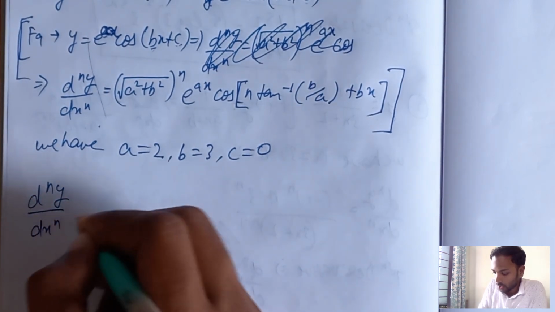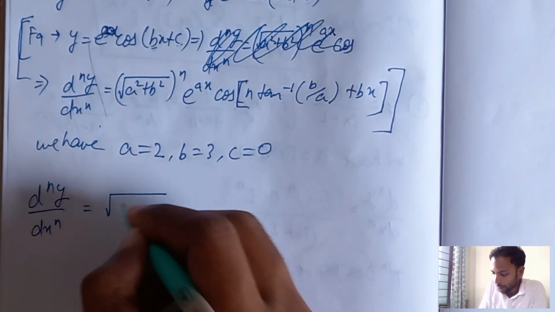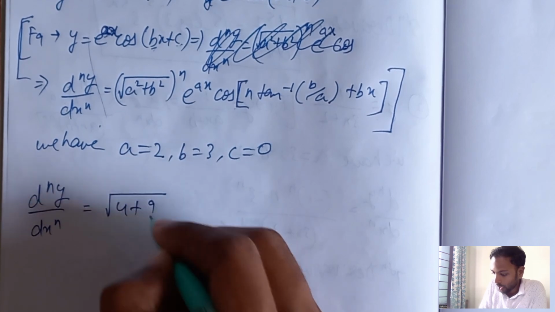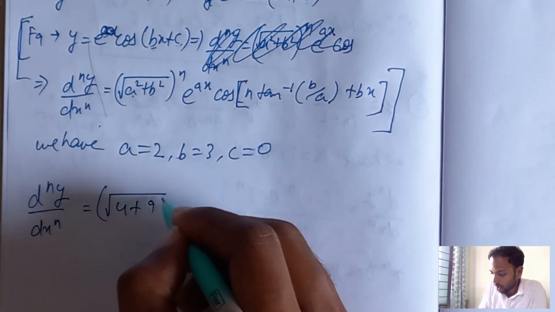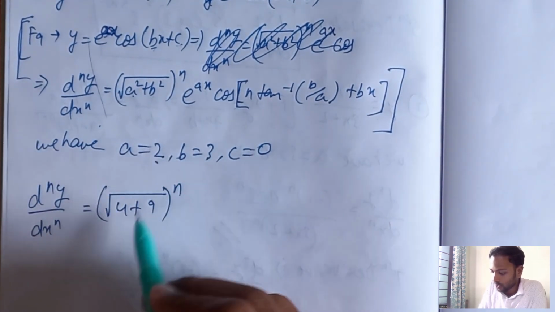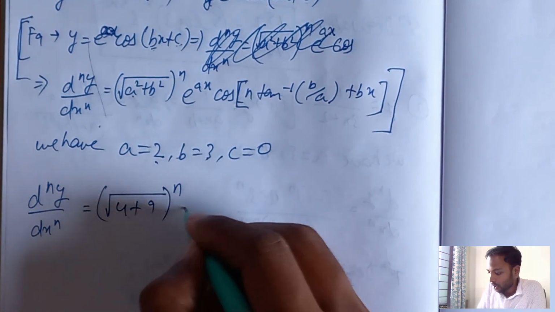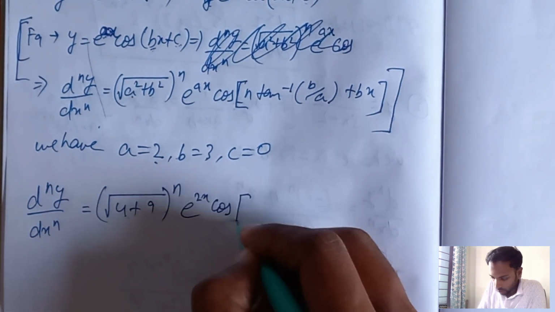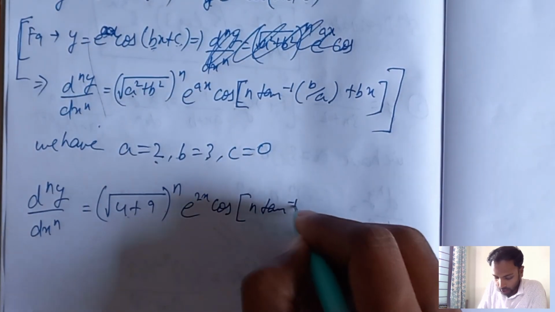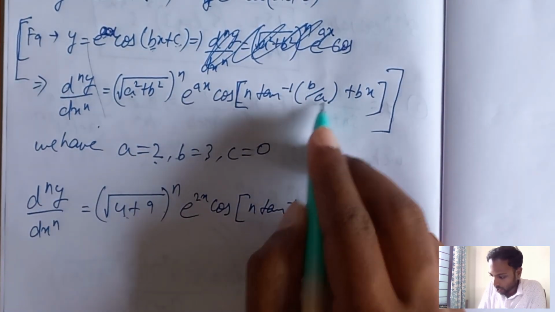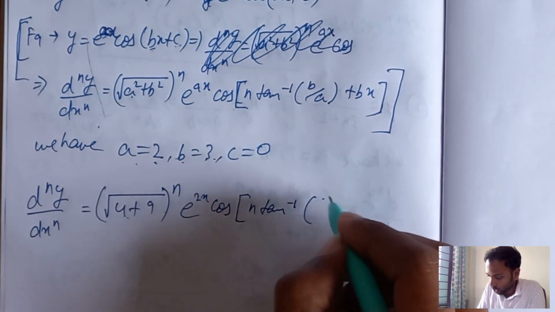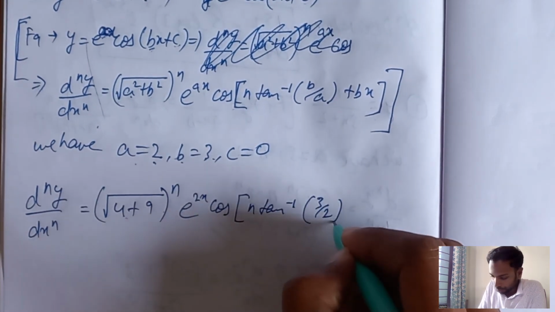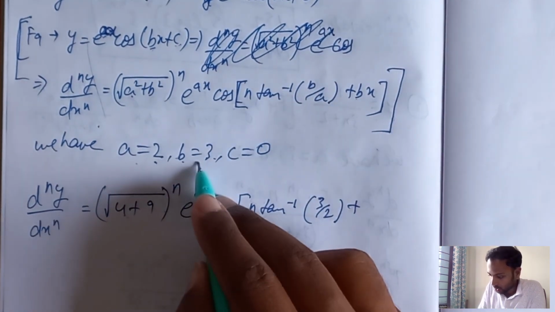So the nth derivative is root over 4 plus 9, a square plus b square to the power n. a is 2, b is 3, so 4 plus 9. e power 2x cos of n into tan inverse of b by a, so 3 by 2, plus bx, so 3x.